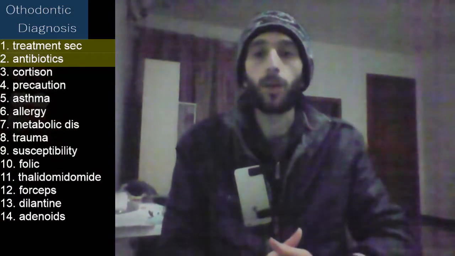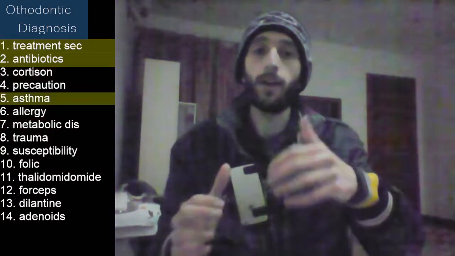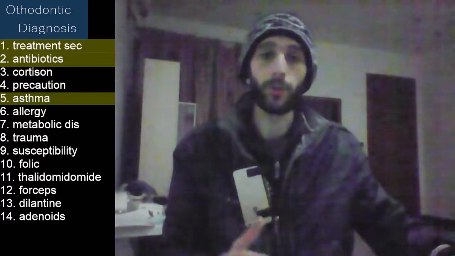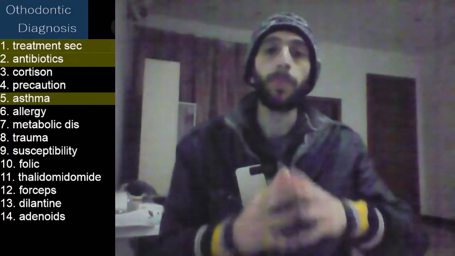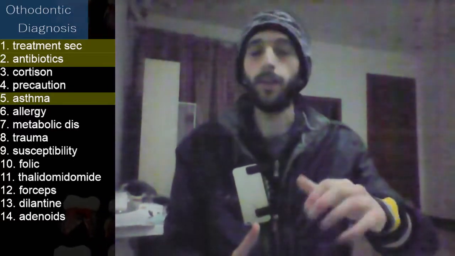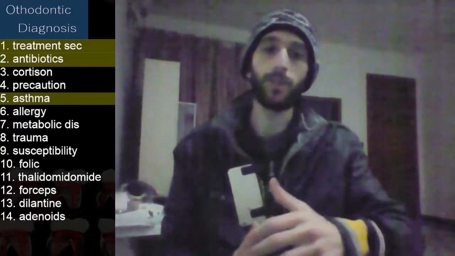Some types of patients could have problems also. Patients that have asthma are also required to be given these types of precautions. We don't give antibiotics like patients with heart disease.